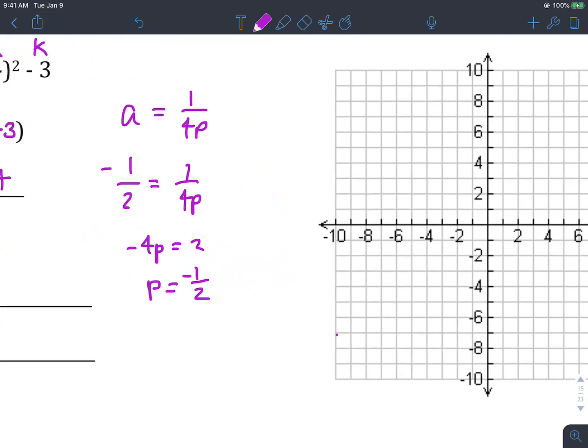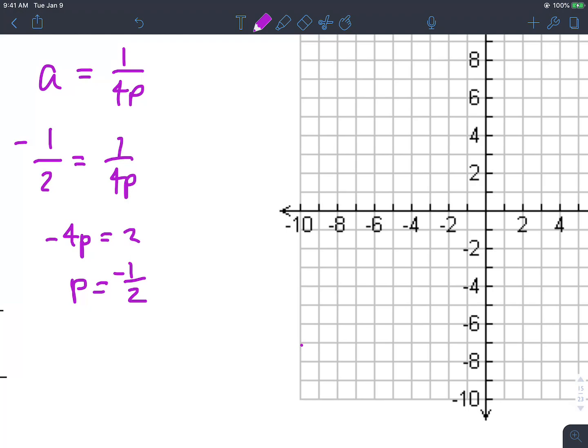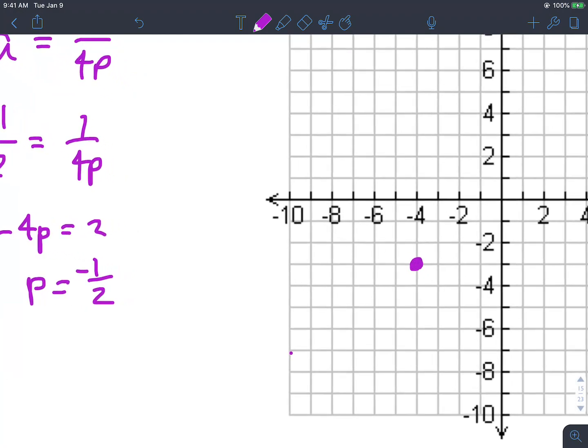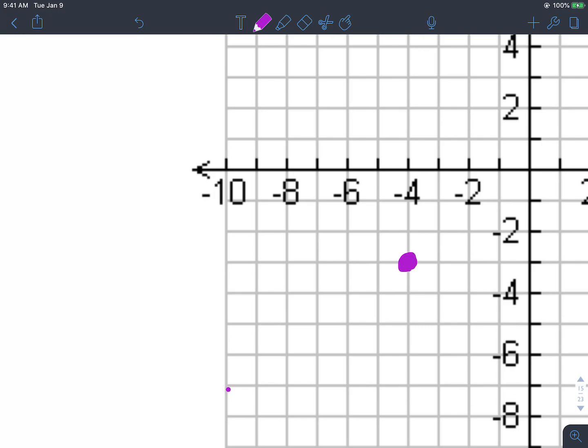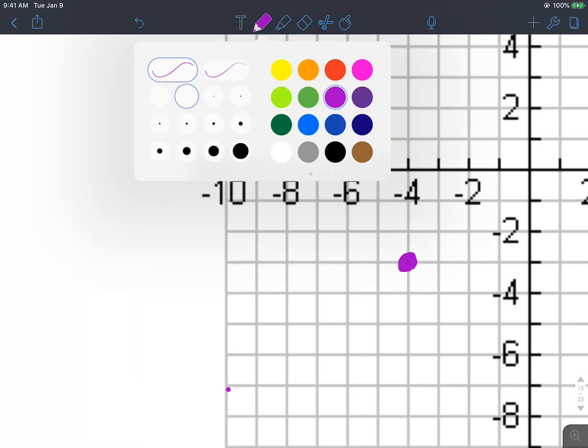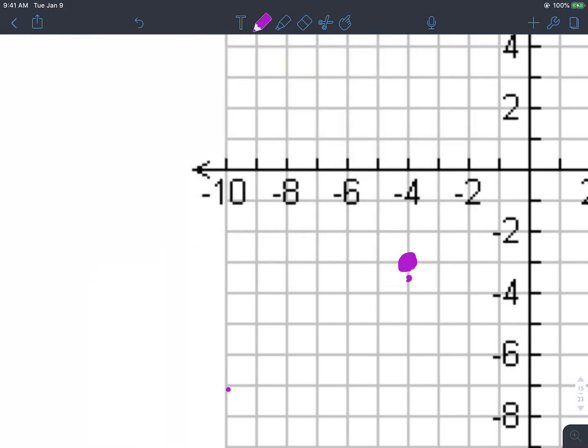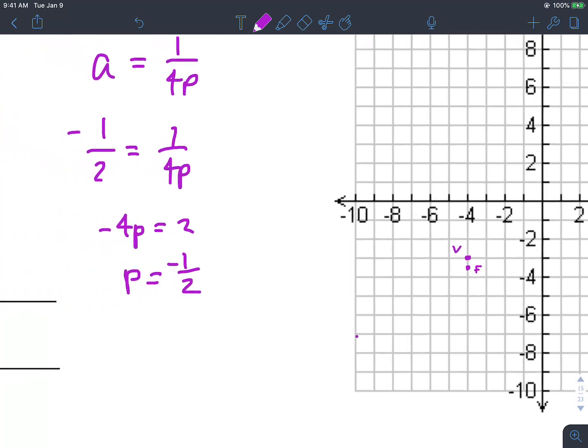So let's go ahead and plot our vertex at -4, -3. And then half a unit down, and here let me use a smaller font. So half a unit down should be where your focus is. Let me tighten this vertex up here a little bit. Okay, so there you go so far.